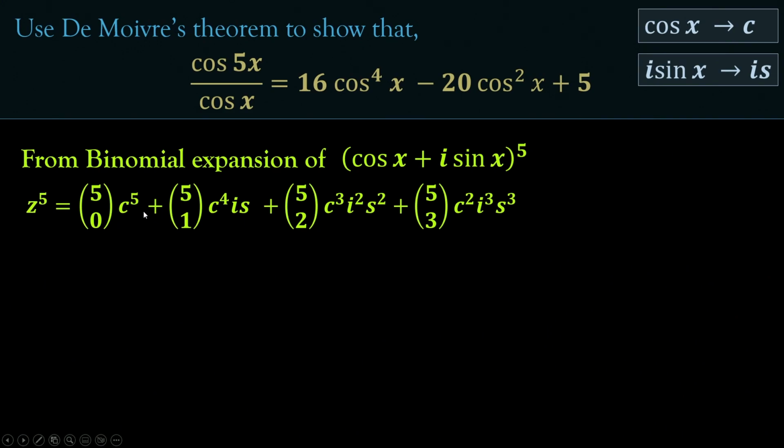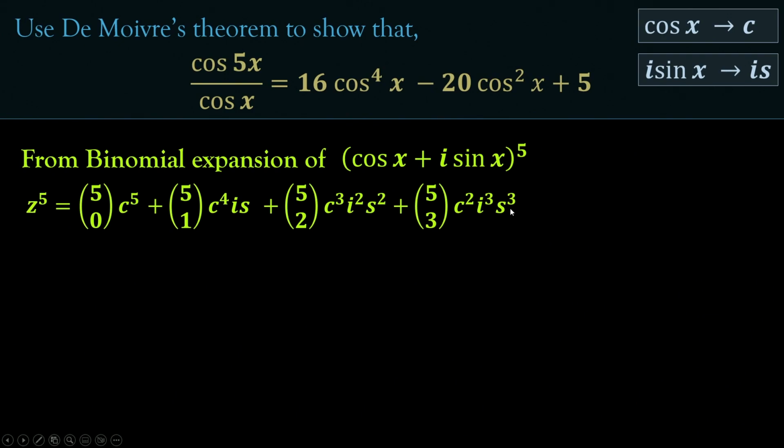So this was power 0, which is 1. This is power 1. This is power 2. This is power 3, the next is power 4, and then power 5. On the other hand, the powers of cosine are going to decrease. So this is cosine power 5, cosine power 4, cosine power 3, cosine power 2, and the next one is going to be cosine power 1, and then cosine power 0.